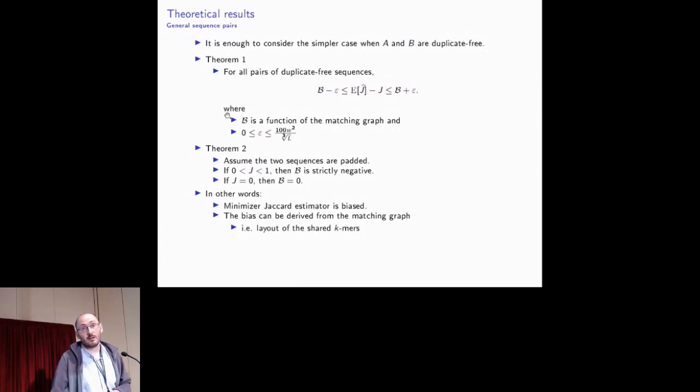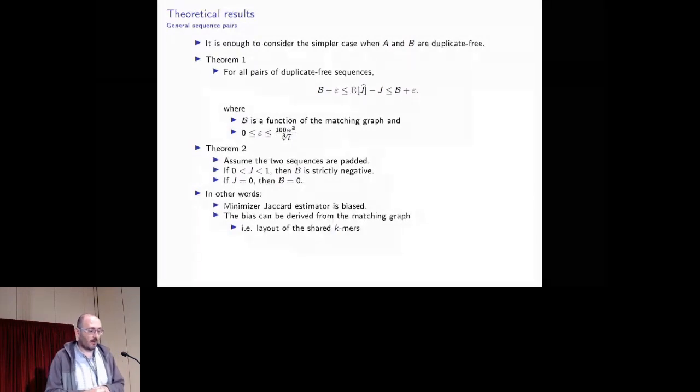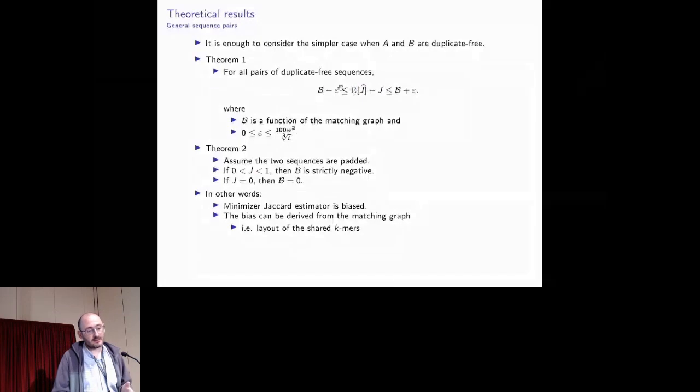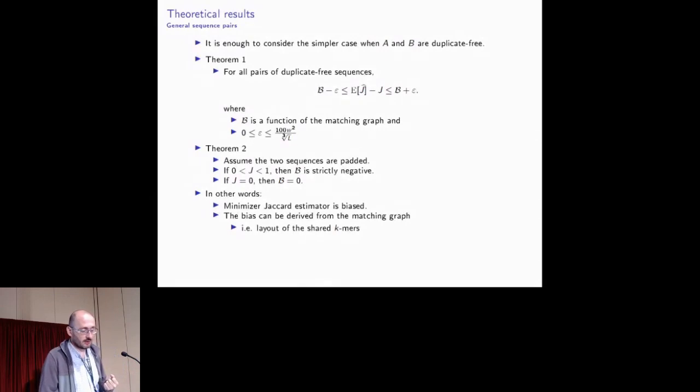Now the b, we have a closed form solution for it, but unfortunately there's so much notation required just to write it down that I can't even show you that form, but it's easy to compute. So this basically says we've derived the formula for the bias up to a certain vanishing error. Now, the second theorem says that except for extreme cases, this bias is strictly negative. So it shows that the minimum Jaccard estimator is in fact biased.